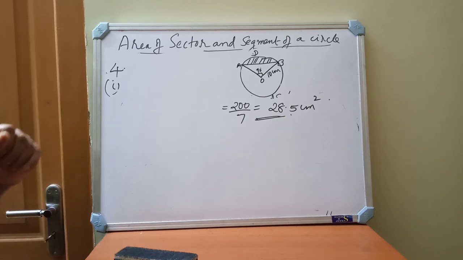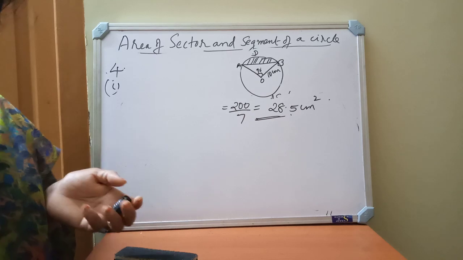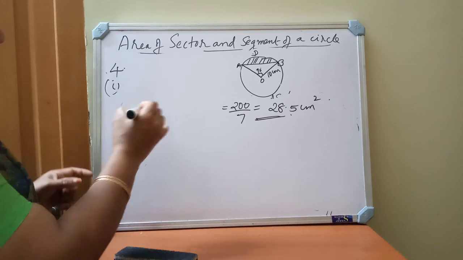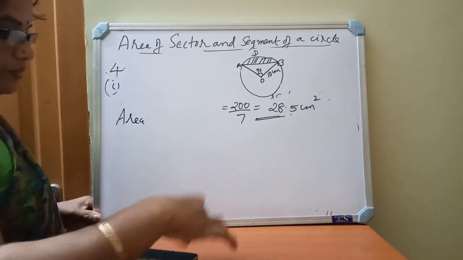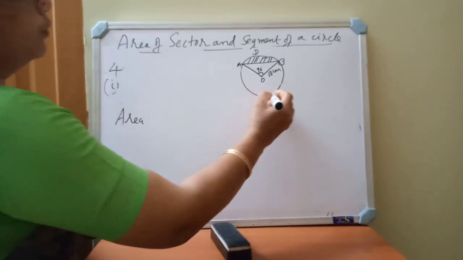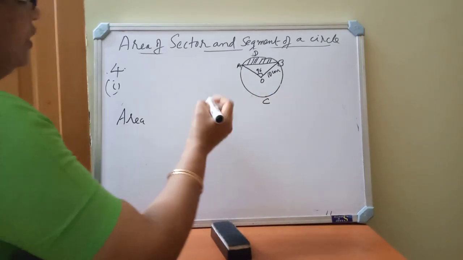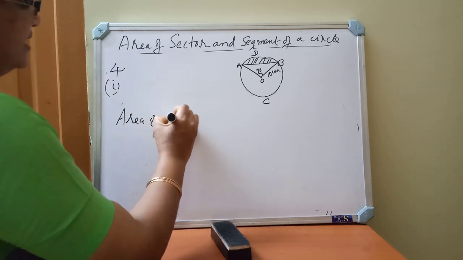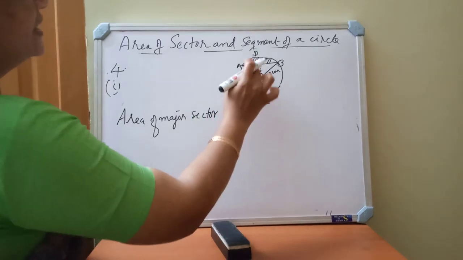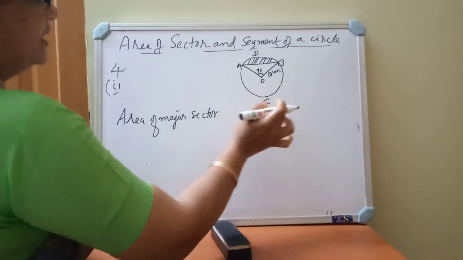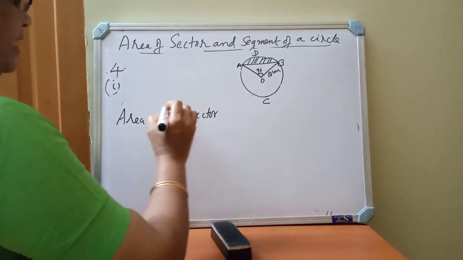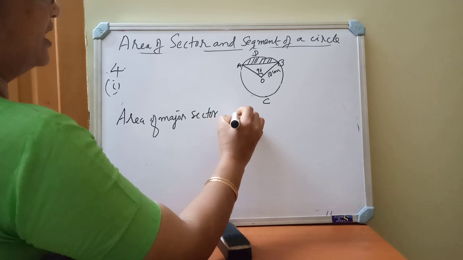But if they mentioned it in bracket means we must apply the pi value as 3.14. So second part of the question, area of major sector. Suppose if I am writing this as C, what is area of major sector? Major sector is, this is minor sector. Okay. So major sector is area of OACB.